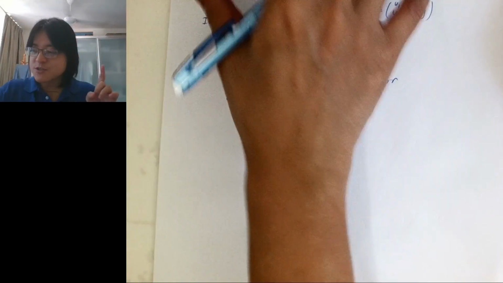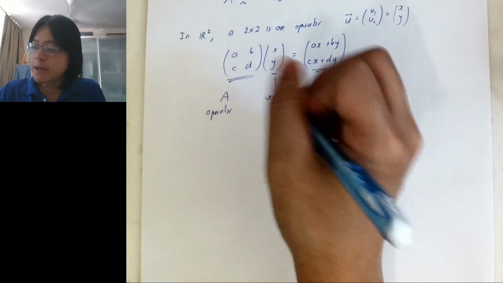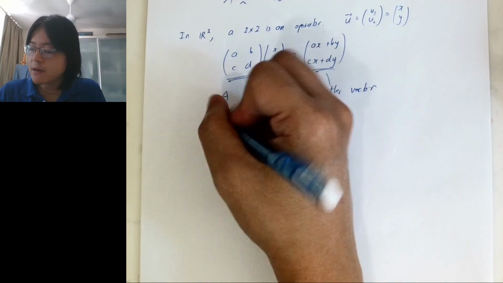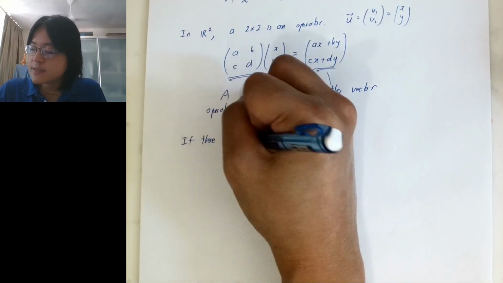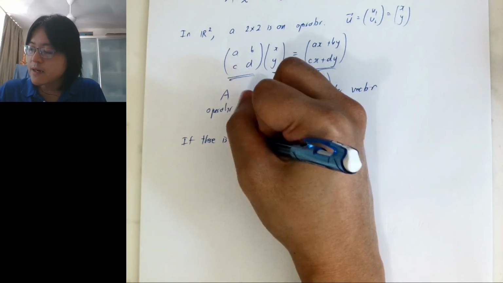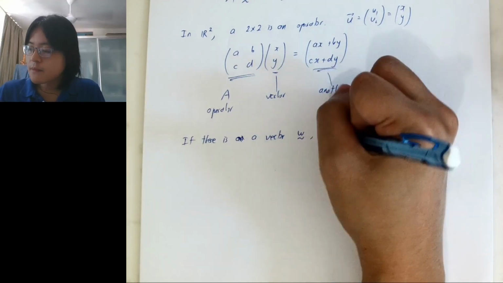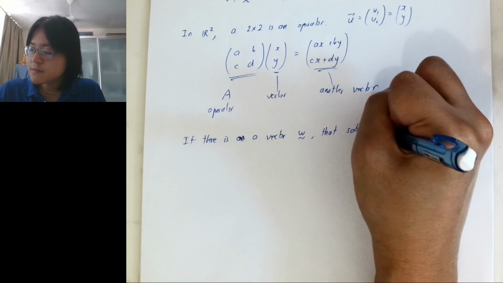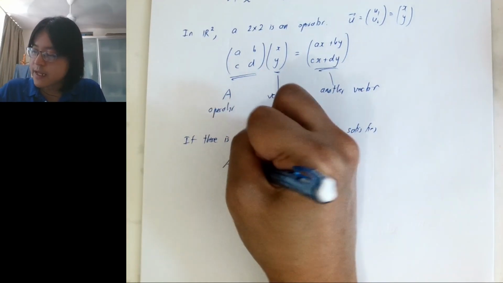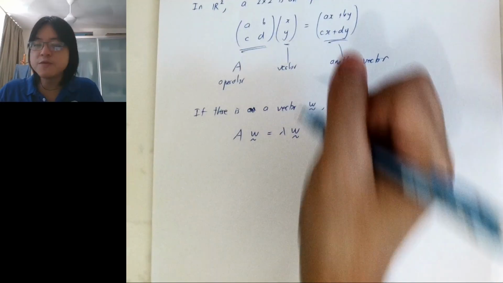Just to finish off, one last thing that you have learned in linear algebra. What happens if there is a vector W that satisfies A times W equals a number times W?